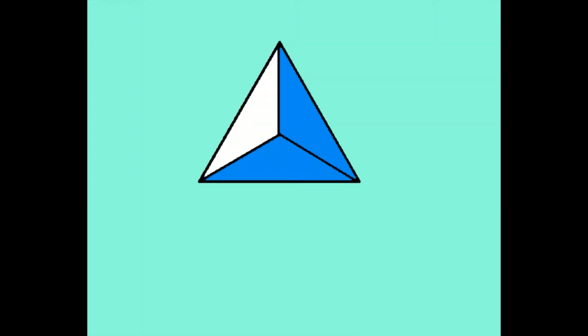This heart has 2 parts. 1 part is colored in. The answer is 1/2. 1/2 of the heart is in color. This triangle is divided into 3 parts. 2 of them are colored in.